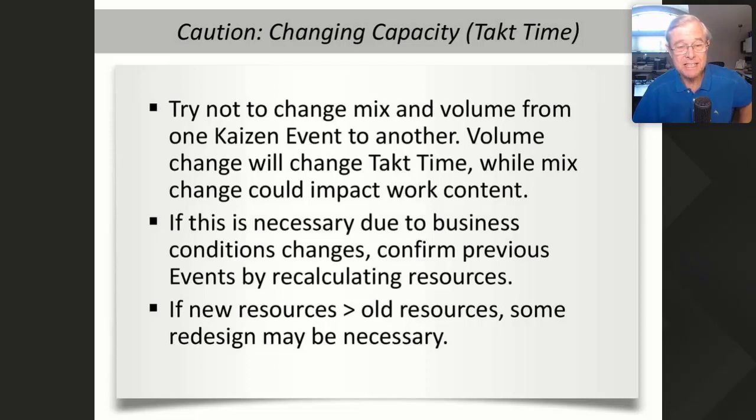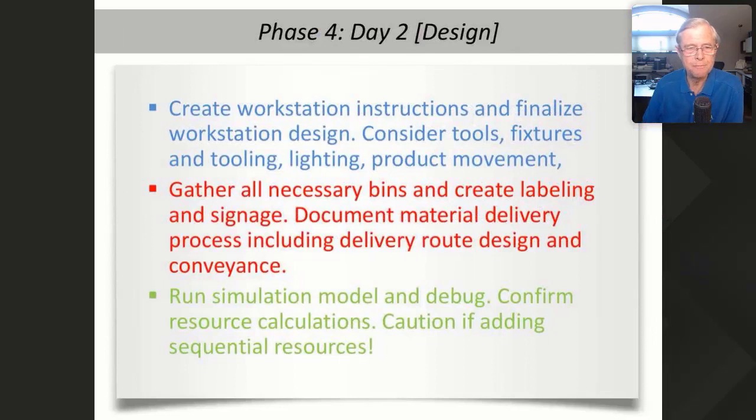Now, if this is necessary due to business conditions changes, then you're going to need to go back to previous Kaizen events and at a minimum recalculate and make sure that the number of stations and resources you have in place are still sufficient. And if they're not, in other words, if the new resources required are greater than what you have, then you may need to do some adjustments with work you've already previously done, unfortunately, but that's life.